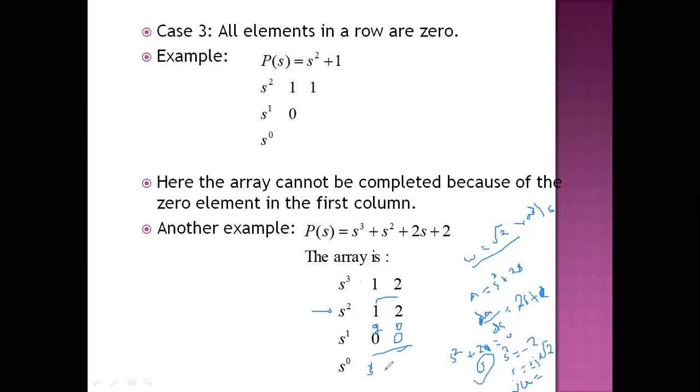In the first column, all the elements are positive, so the system seems to be stable, but some roots may be on the imaginary axis. From the auxiliary equation, for this problem, s square plus 2 equal to 0, so s square equal to minus 2, so s equal to plus or minus j root 2.